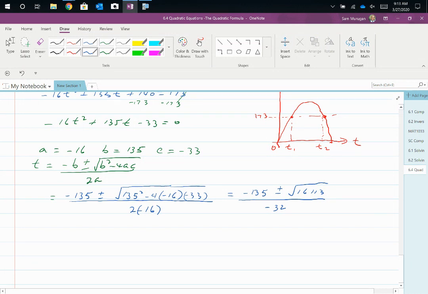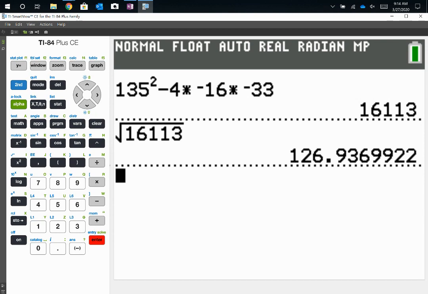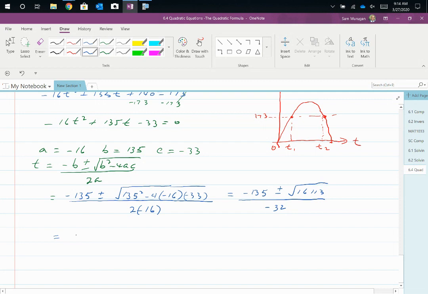So you've got a couple of ways to do this. I would go ahead and find the square root of 16113, to give 126.94, over negative 32.